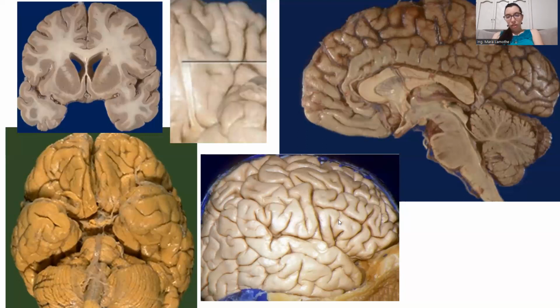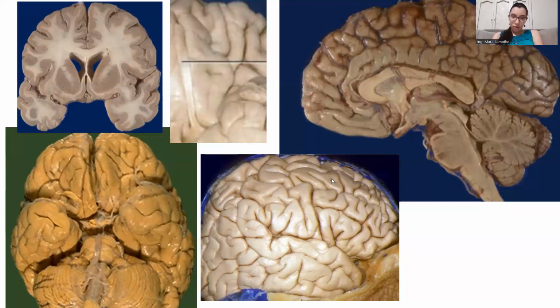The pars triangularis has a shape like a triangle, and its apex is pointing to the junction of the rami of the Sylvian fissure that are joining. So it would be like here, and this marks the anterior margin of the basal ganglia and the frontal horn of the lateral ventricles.